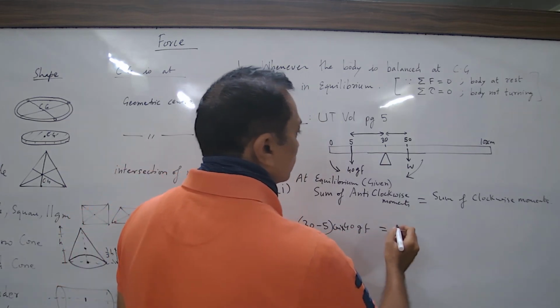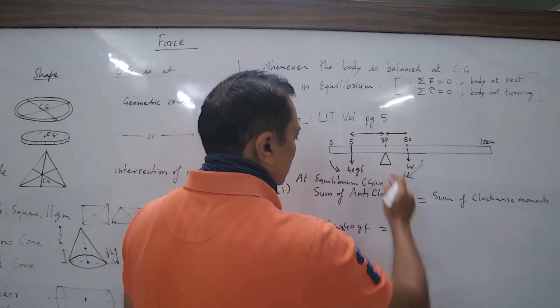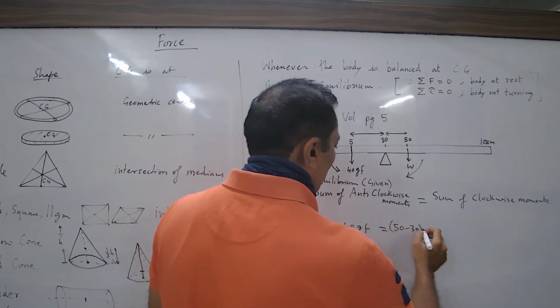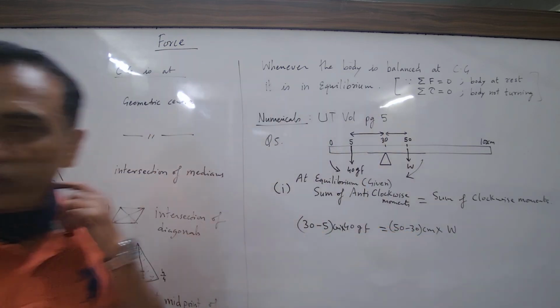This is equal to the clockwise moment, which is (50 minus 30) into W. W is what we need to find out.